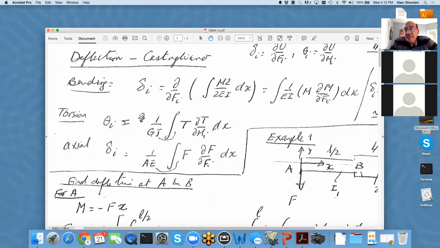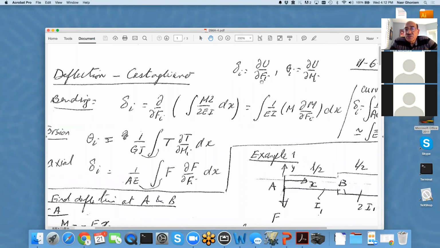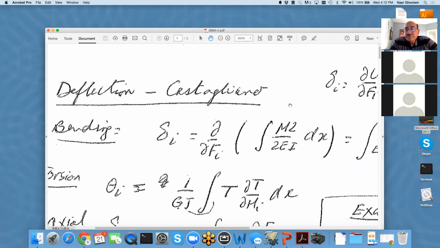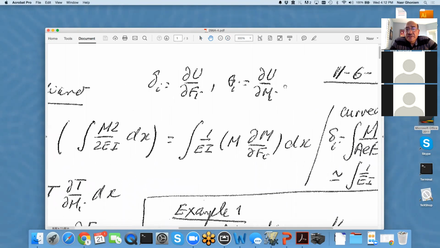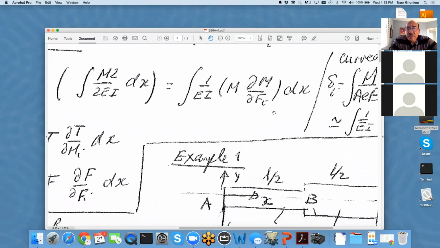So the bottom line is that these two equations here that I have, delta I and theta I, are general, and all we need to do is find expressions for the elastic energy.